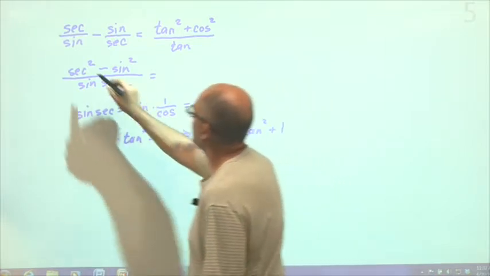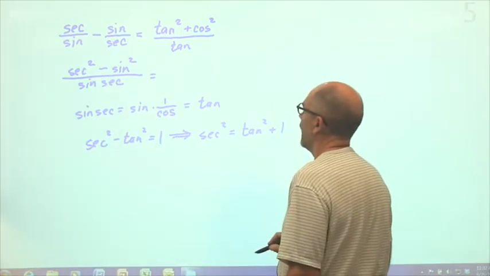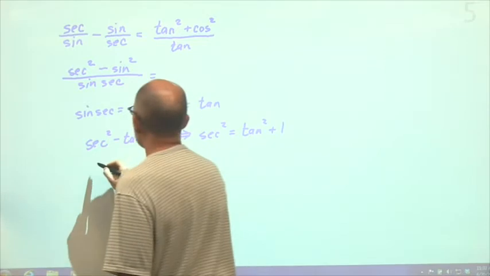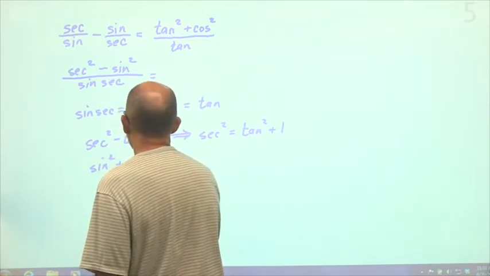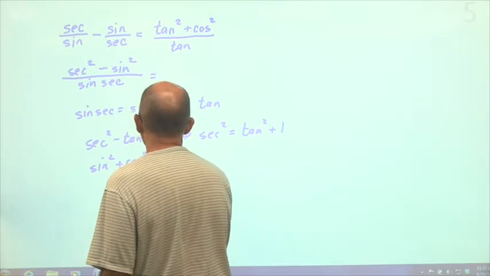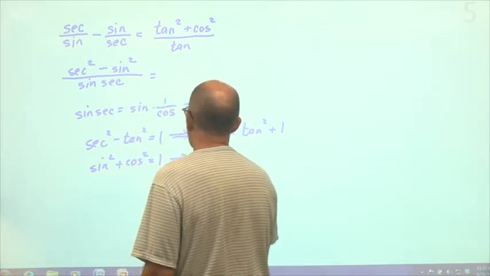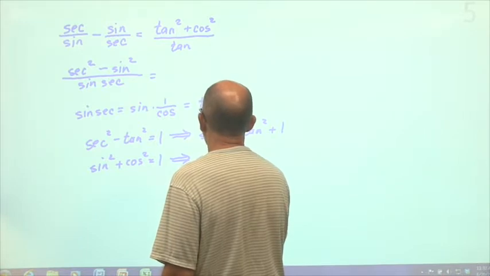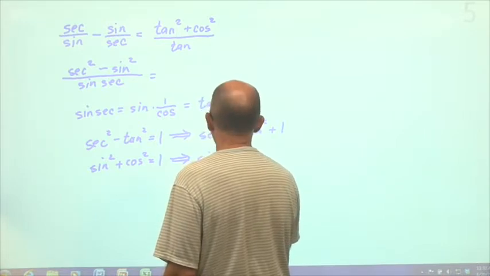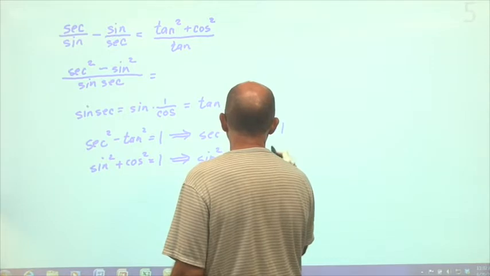So I'm going to make that substitution there. And then sine squared plus cosine squared equals 1. So that means sine squared equals 1 minus cosine squared.